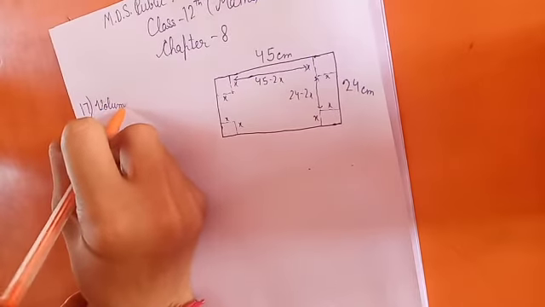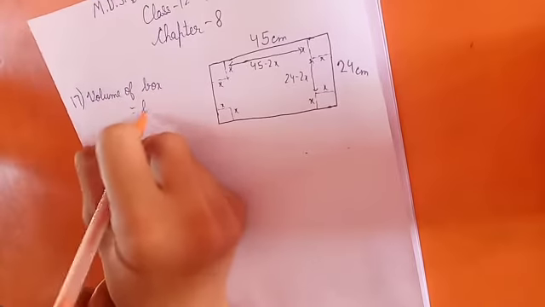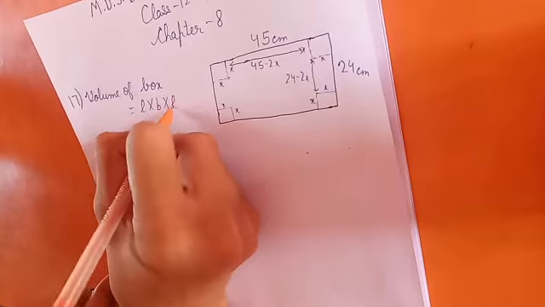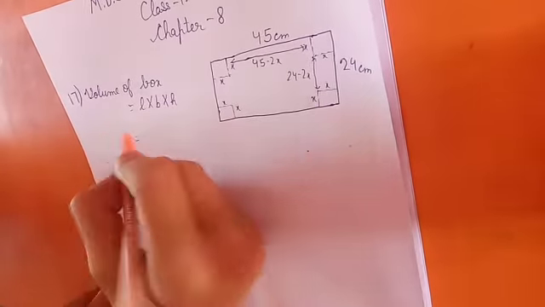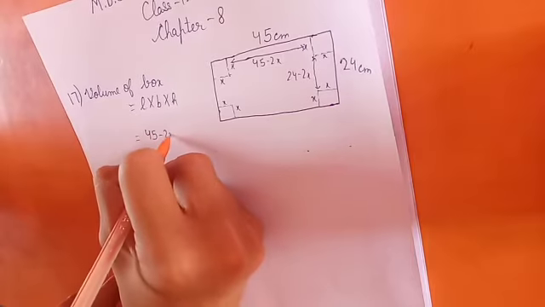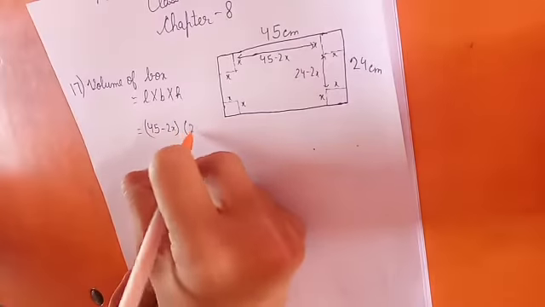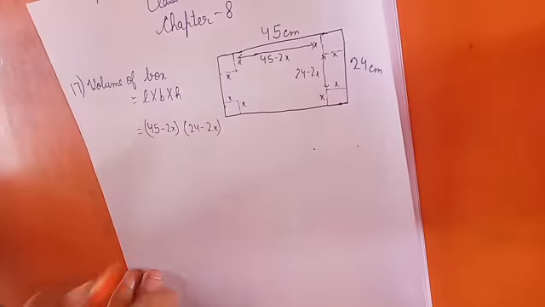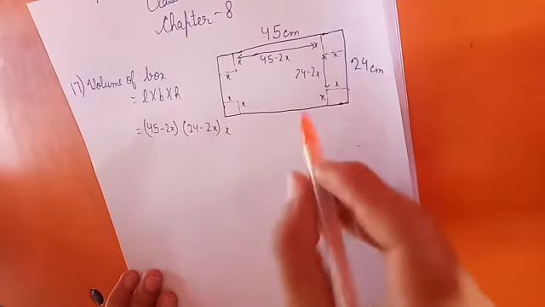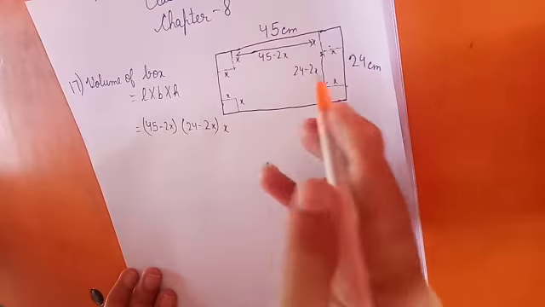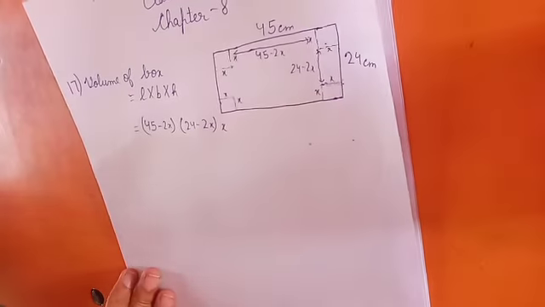Volume of box will be length into breadth into height. Its length is 45 minus 2x. Its breadth is 24 minus 2x, and its height will be x, because after cutting these squares we have to fold this upside, and so this will be the height.